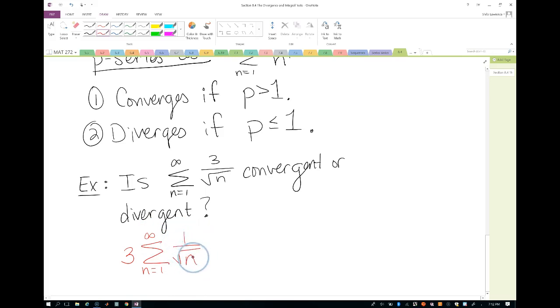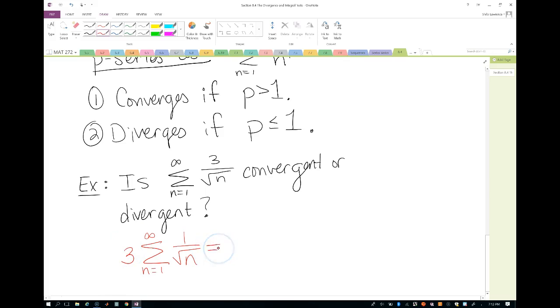Whether or not 1 over square root n converges or diverges is solely based on the structure of this sequence, and if it diverges, then multiplying by 3 will still make it diverge. If it was convergent, which means we get a finite answer back for this sum, then taking that finite answer and multiplying by 3 is still a finite answer. So that times 3 really doesn't mean anything in terms of finding convergence or divergence.